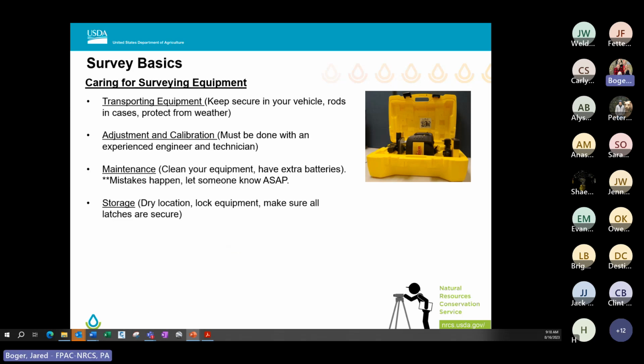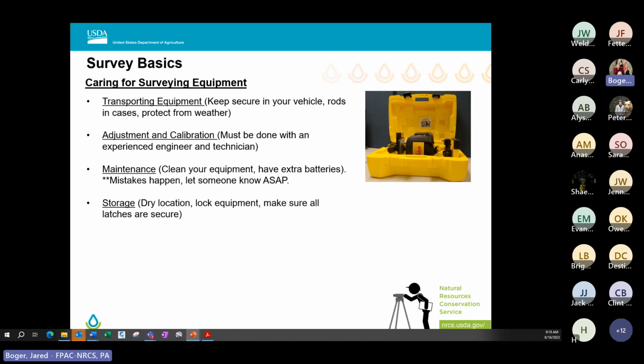A few things here. Surveying, we got to take care of our equipment, right? We need to make sure that we keep all survey equipment, including the instruments, secure when we're transporting. Adjustments and calibrations must be done on a regular basis. Maintenance, clean your equipment and make sure you keep extra batteries.